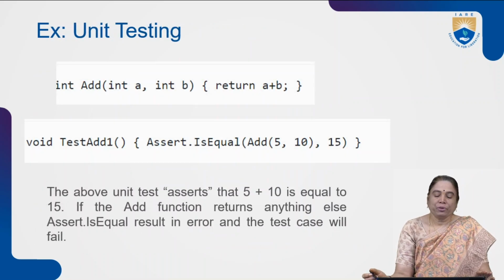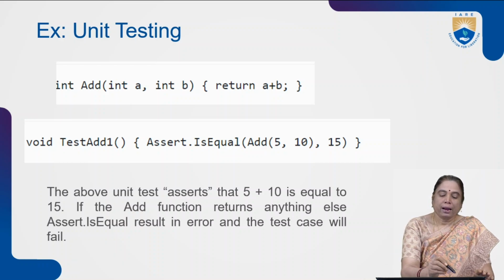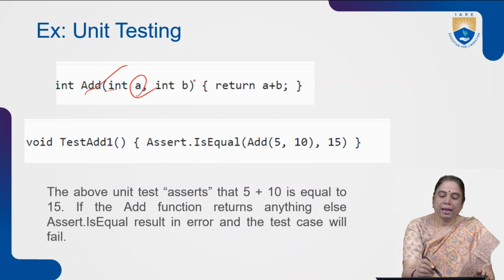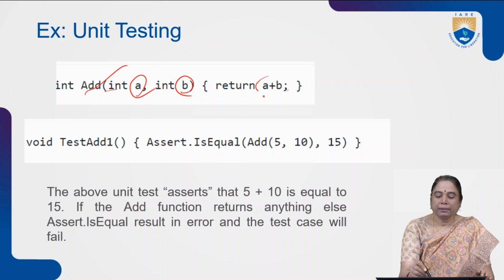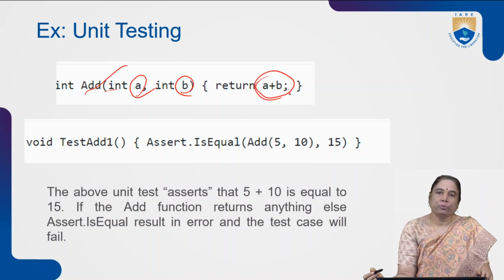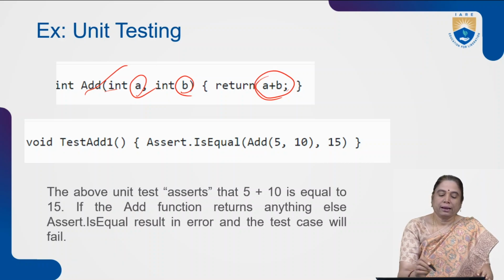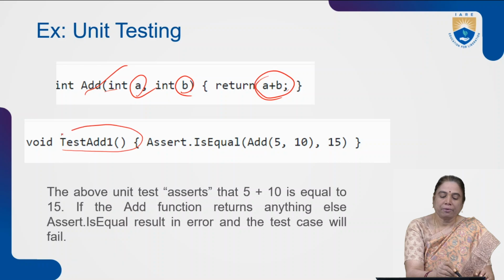For an example of a unit test case, consider the add function, which receives two variables a and b, calculates their sum and returns the sum of the two variables. So here we must design the test cases in such a way, void test add 1.